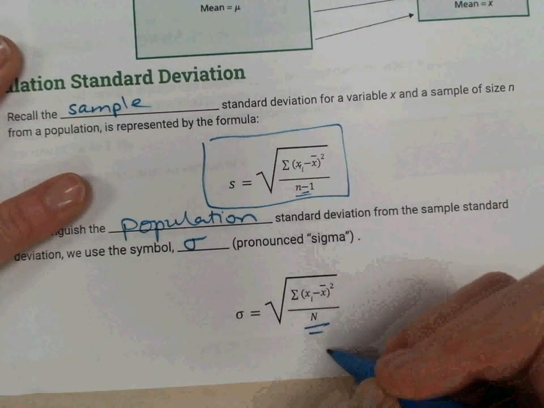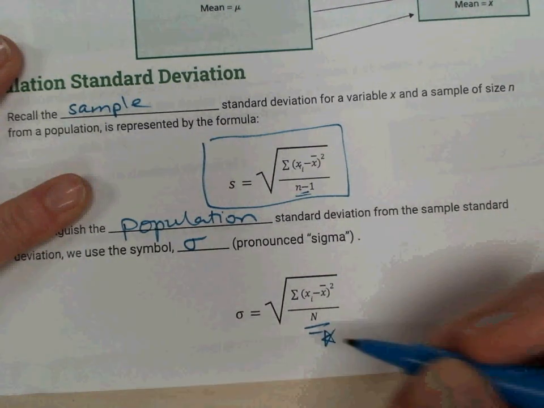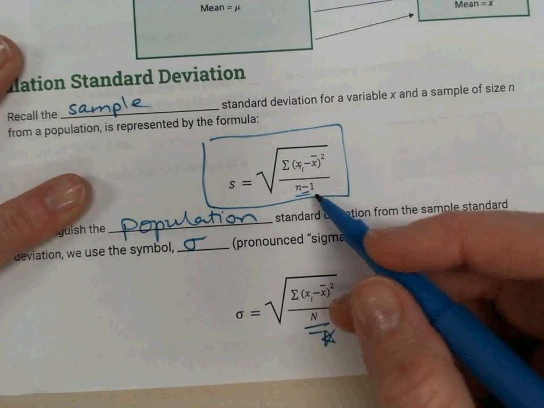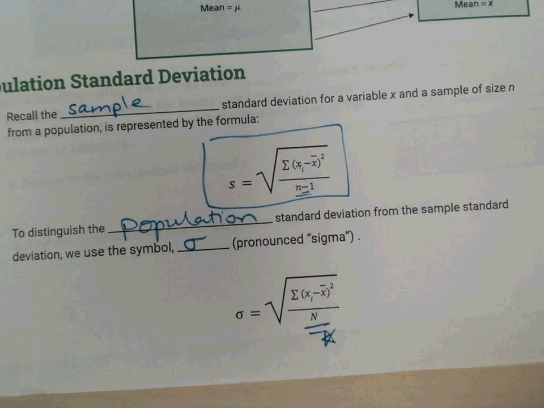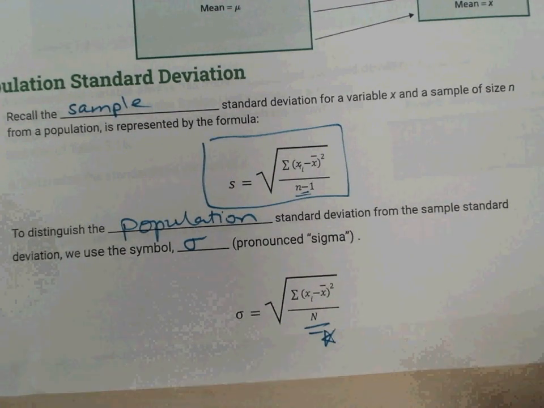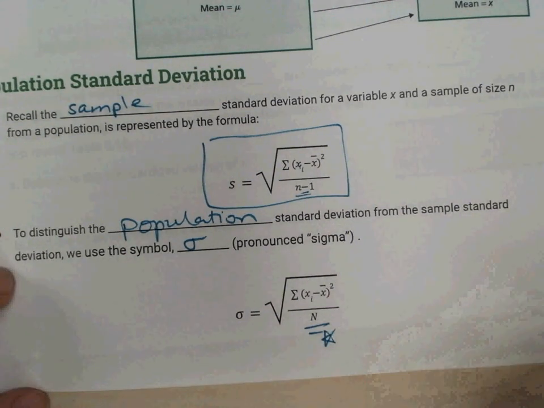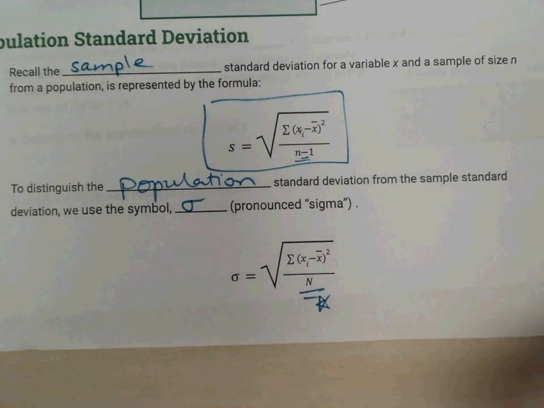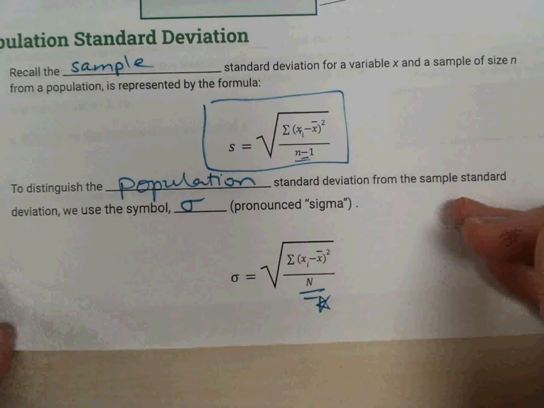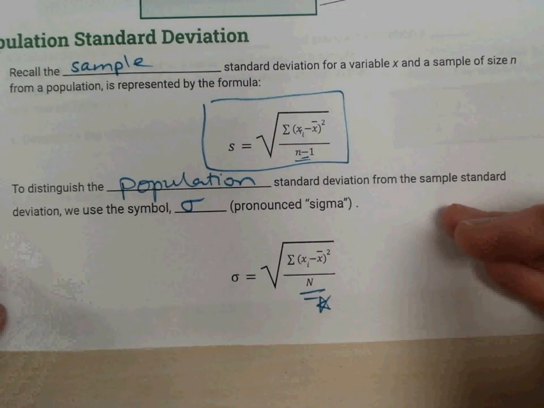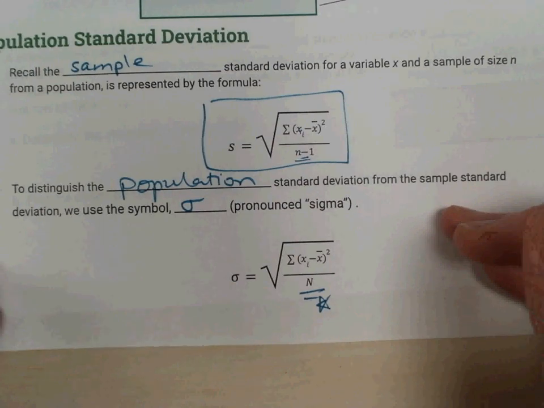The only difference is right here: that capital letter N instead of the N minus 1. The N minus 1 gives us some cushion room since we're talking about an estimate, whereas when we're talking about the entire population standard deviation, we don't have to subtract that one. We just divide by the total N number of observations.